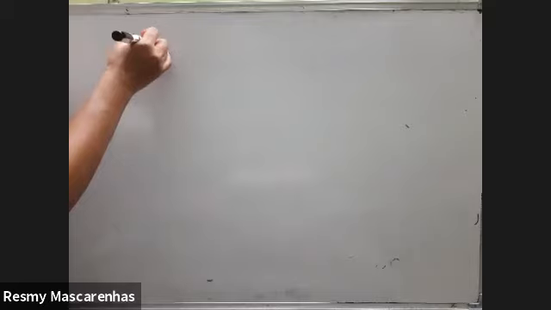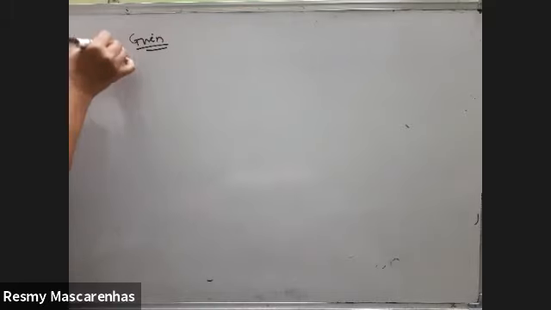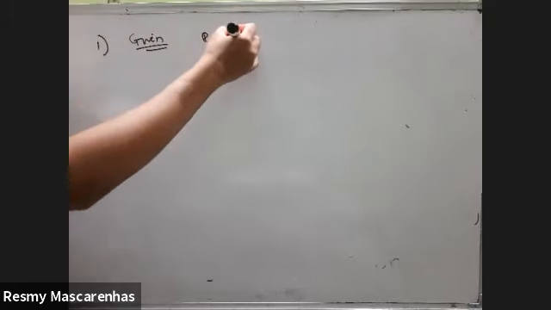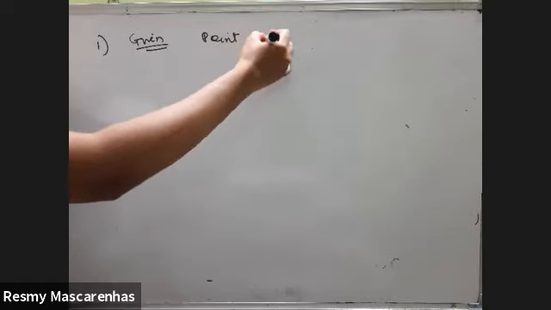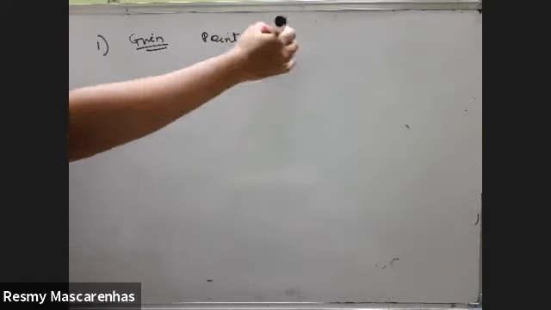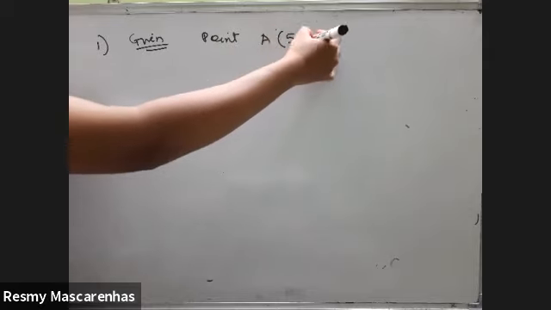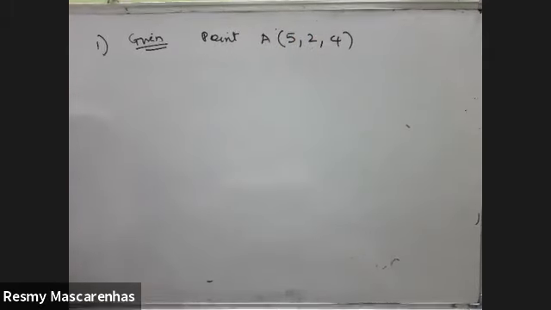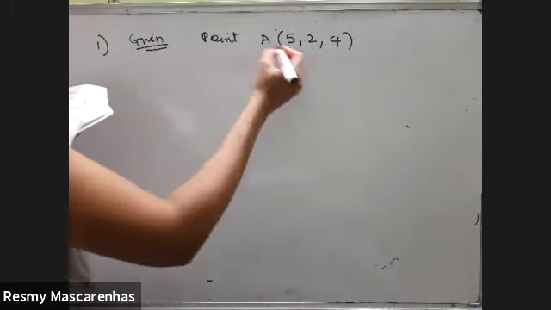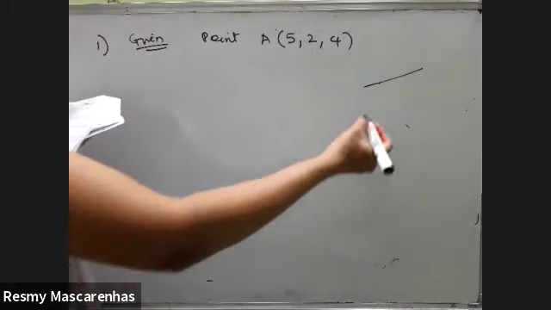So the first question says find the vector and the Cartesian equation, both the forms they are asking, of a line through a point. So now what all is given? The point given to you, I'll straight away write it as A. Whichever point is given will be considered as A. If you want to draw a diagram for your reference, you can draw.